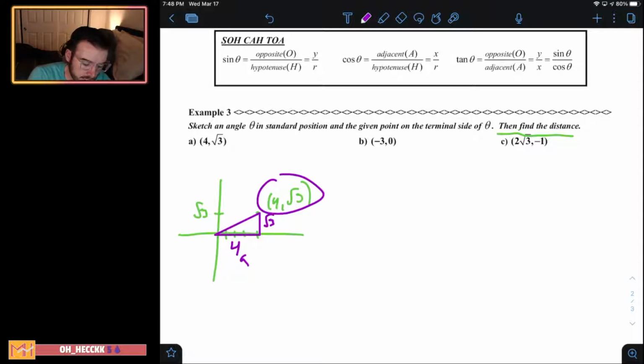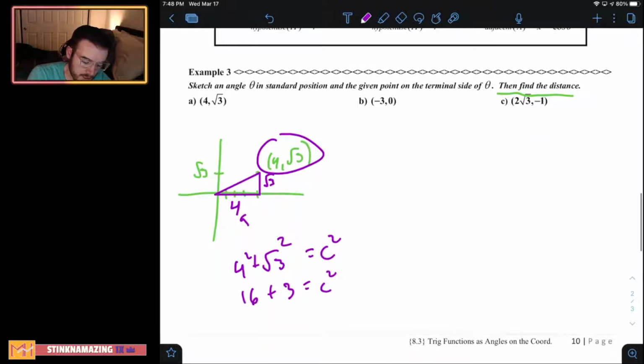I know that the base of the triangle is 4 and the height of the triangle is root 3. I mean, that's honestly enough. So 16 plus 3 equals c squared. So this is 19. Take the square root. C is root 19.